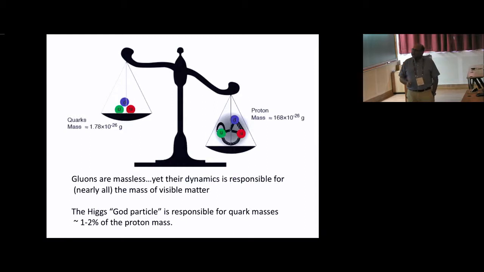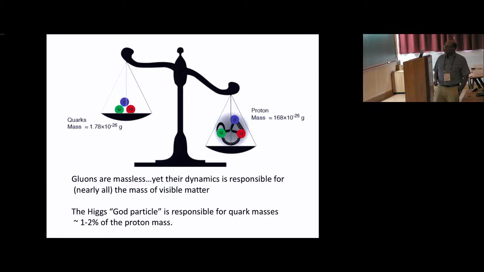So here's the essential conundrum, if you like, and you can think of it as a cosmic koan, okay? That quarks, which we know get mass from the Higgs mechanism, really give you a very small fraction of the mass of visible matter. It's only 1 to 2% of its mass. Okay?